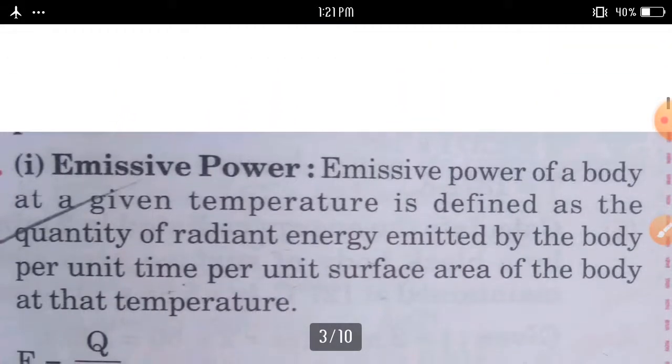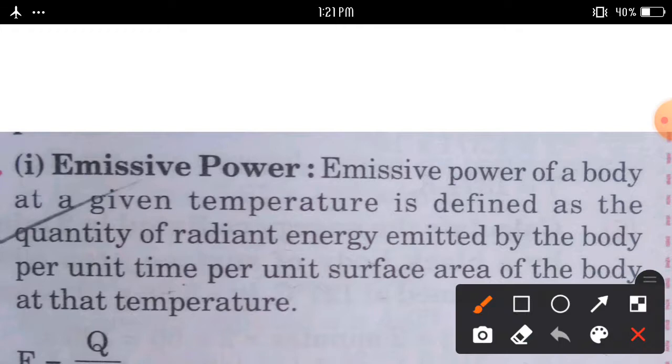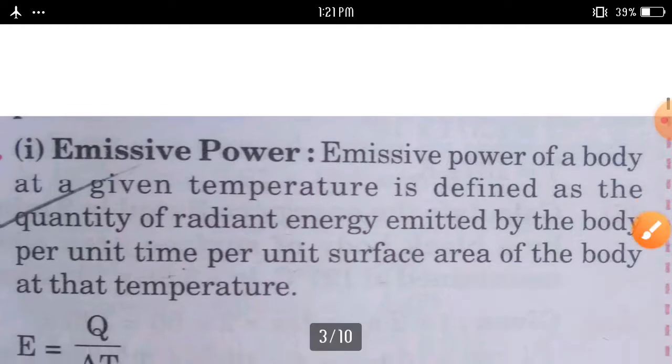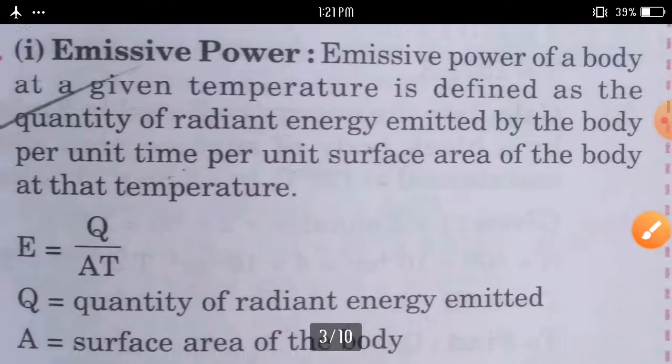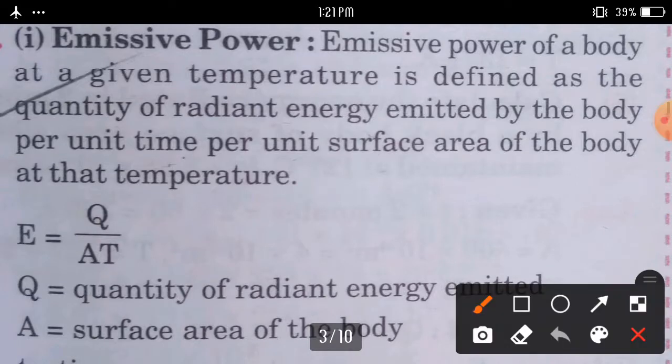Next topic is emissive power. Definition: emissive power of a body at a given temperature is defined as the quantity of radiated energy emitted by the body per unit time per unit surface area of the body at that temperature.